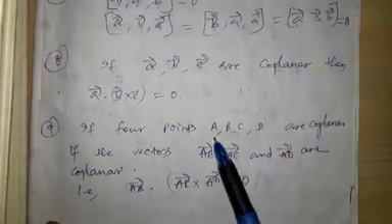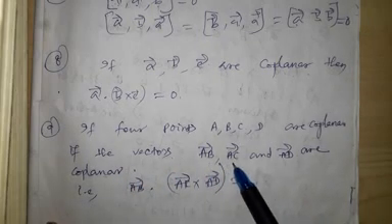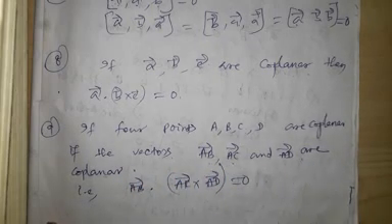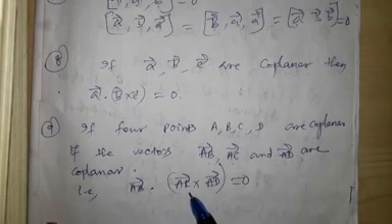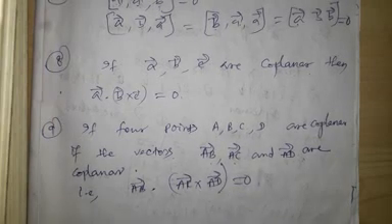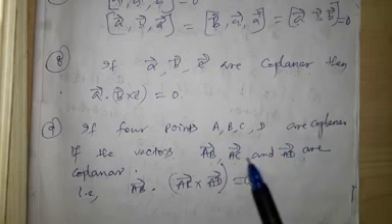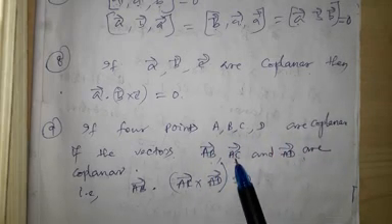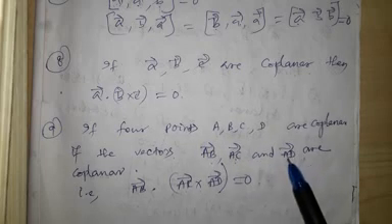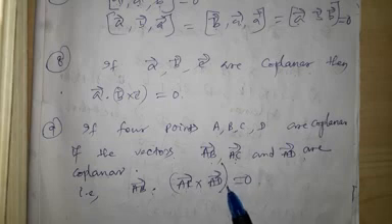If 4 points A, B, C, D are coplanar, then the vectors AB, AC and AD are coplanar, and AB dot AC cross AD is equal to 0. That means the scalar triple product is equal to 0.